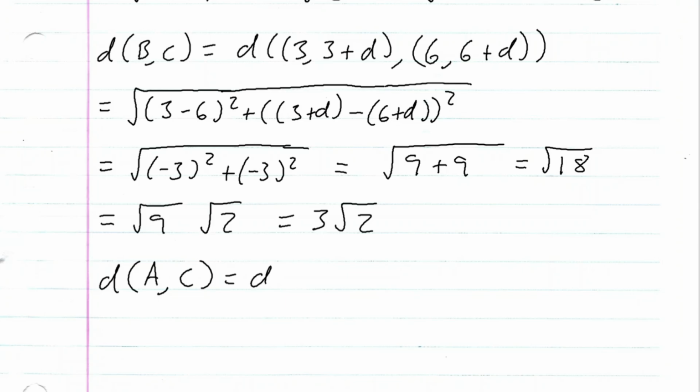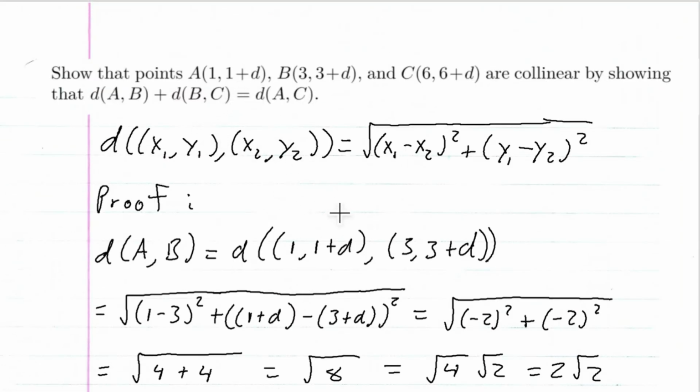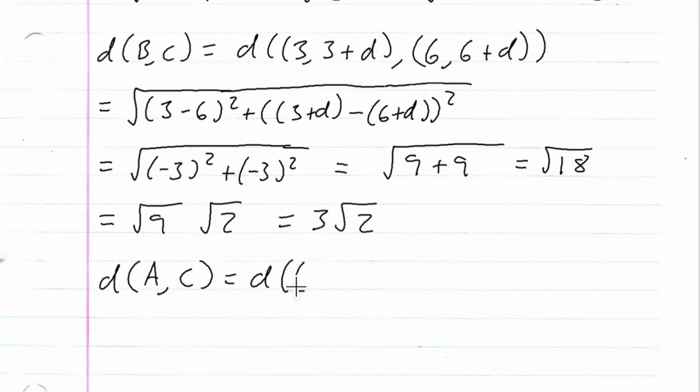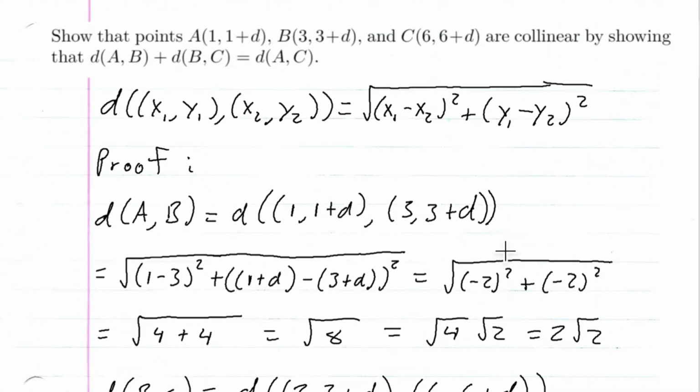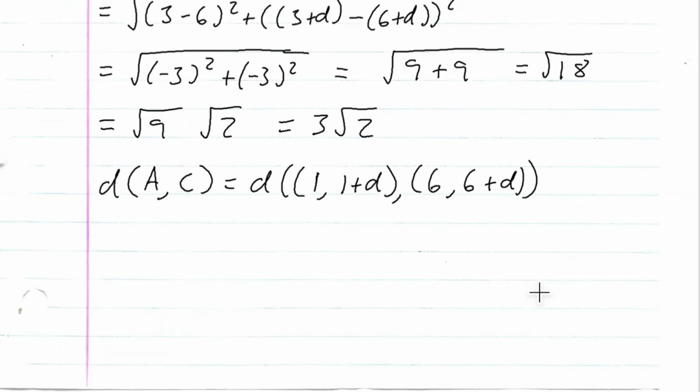Okay, so this will be the distance between the points. A was the point (1, 1 + D), and C was the point (6, 6 + D), right? So this is equal to the square root.